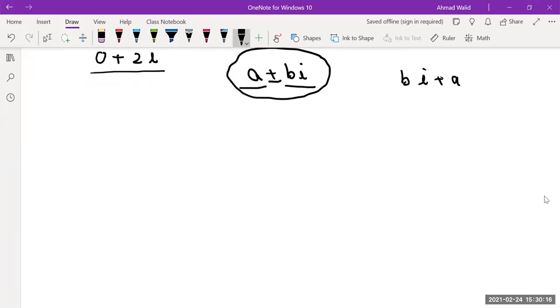One of the very important rules of complex numbers is equality of complex numbers.